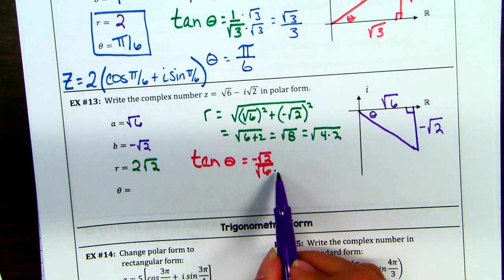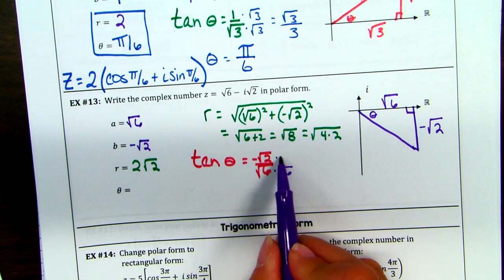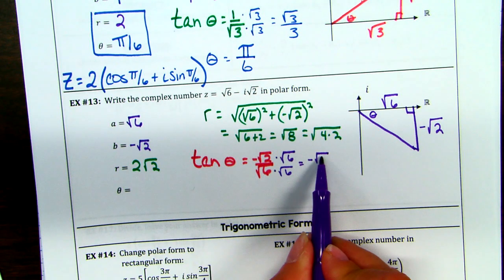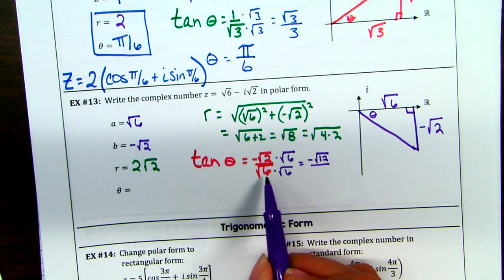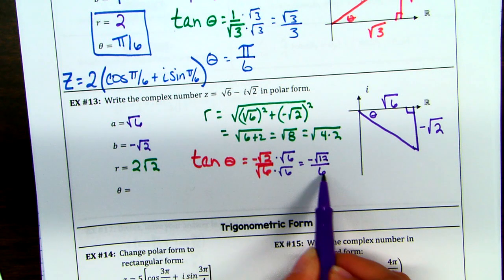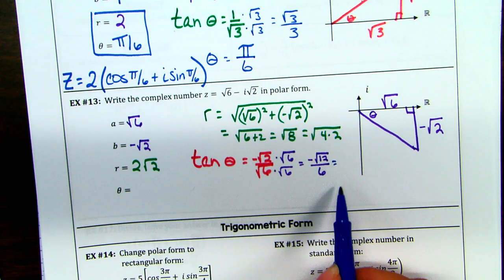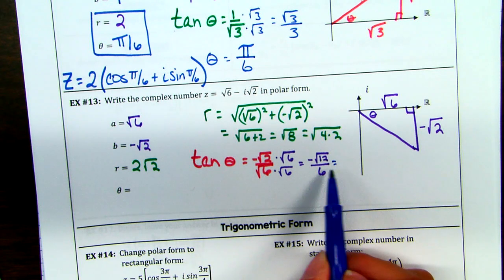So I'm going to multiply by the square root of 6, rationalizing the denominator. I can multiply the 2 and the 6 together. That gives me 12. Square root of 6 times the square root of 6 is just 6.